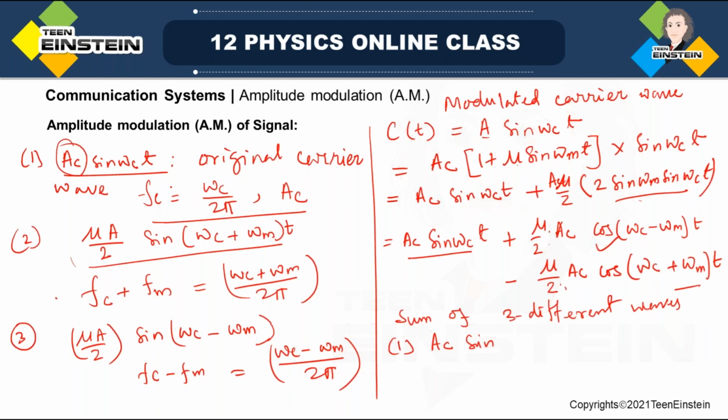Okay, original carrier wave, and the other wave has frequency lesser than the carrier wave. So now I'll erase this part for the discussion purpose.